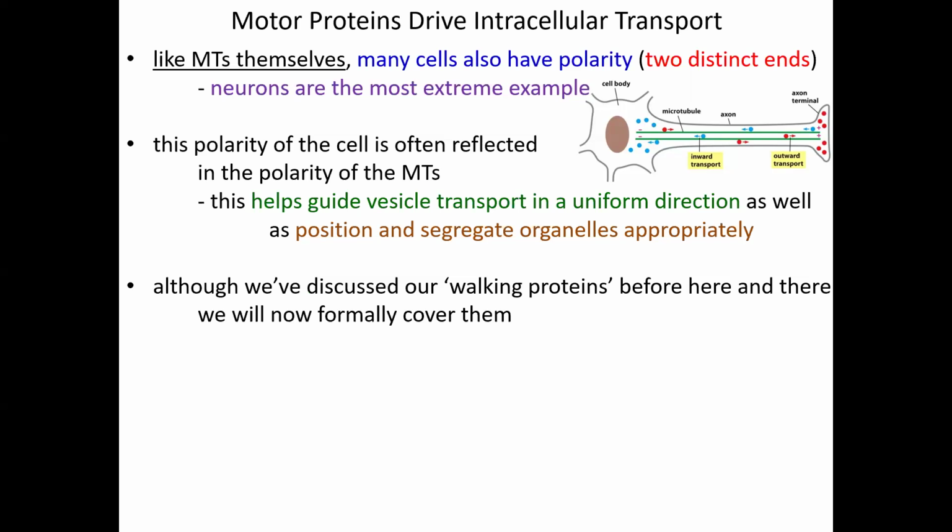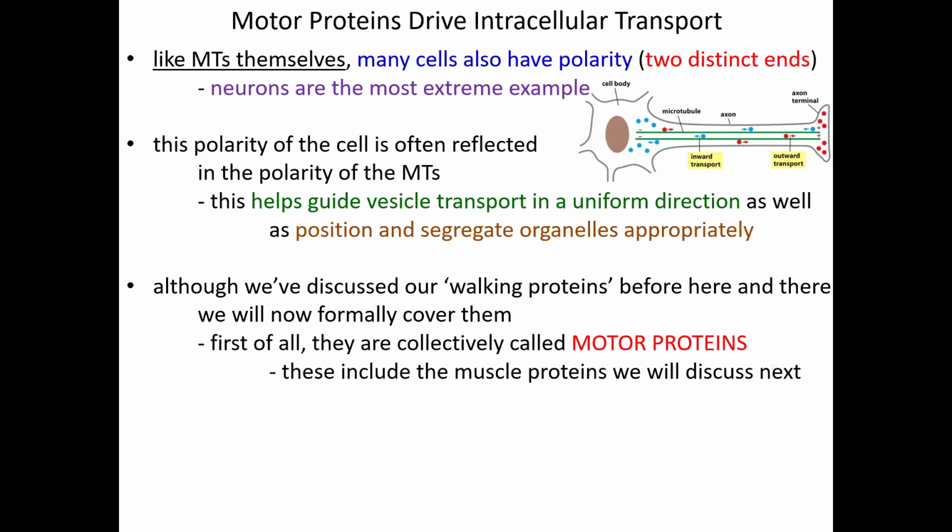Again, we've talked about walking proteins here and there before, but finally we'll give them their due time. Let's stop calling these walking proteins. First of all, walking proteins fall into a larger protein superfamily called motor proteins. Motor proteins move things, and they move things with conformational changes. In fact, the proteins that allow our muscle cells to contract are also motor proteins, but they use actin.